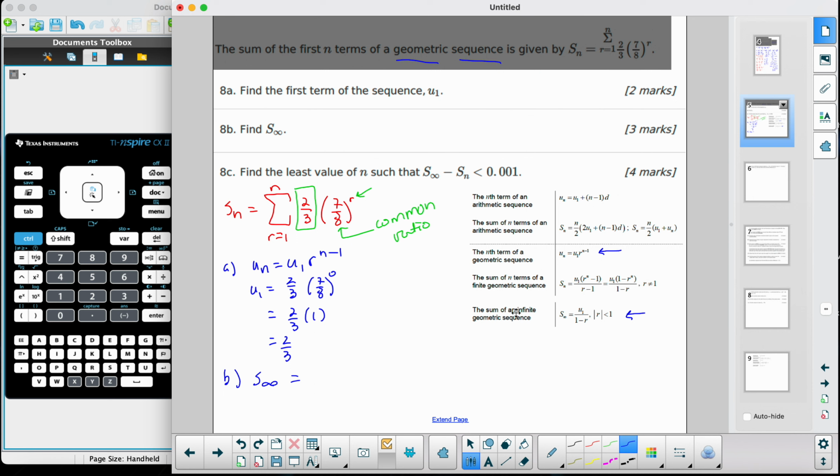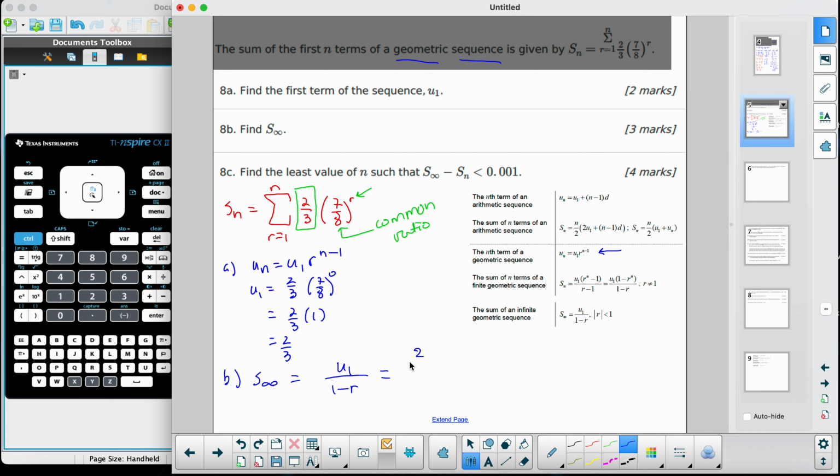Note, Bernardo, I have grouped all of these together, but this formula is further down in the formula booklet, on that same page. So that formula is u sub 1 over 1 minus r.